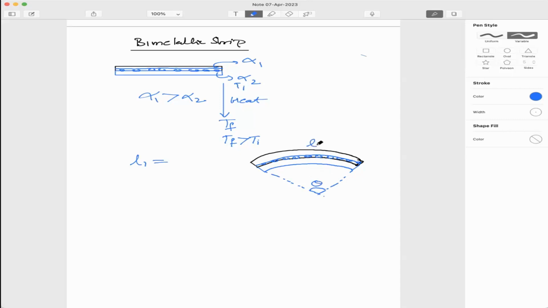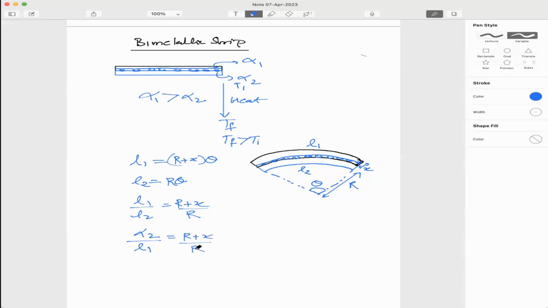L1 and L2 are the arc lengths. L2 is R into theta, and L1 is R plus X into theta, such that L1 by L2 is R plus X by R. And L1 by L2 is alpha 1 by alpha 2 because the temperature change is the same.